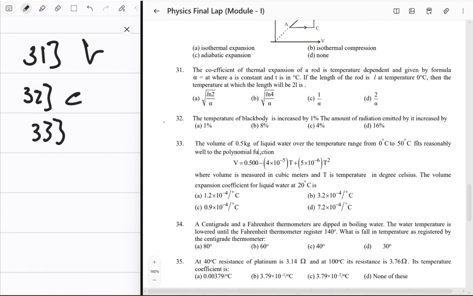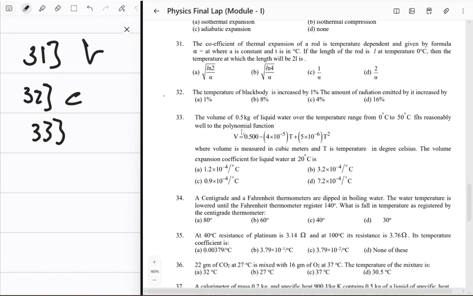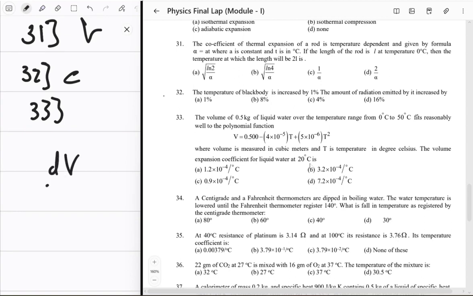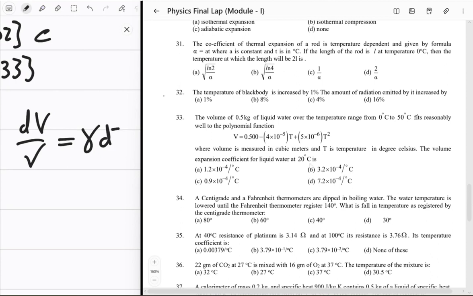The volume of 0.5 kg of liquid water over a temperature range from 0 to 50 fits reasonably well to the polynomial function V equals, okay, so volume is given in terms of temperature, where V is measured in cubic meters and T is in degrees Celsius. The volume expansion coefficient for liquid at 20 degrees. Once again, it's like dV upon V is equal to gamma dT, right?